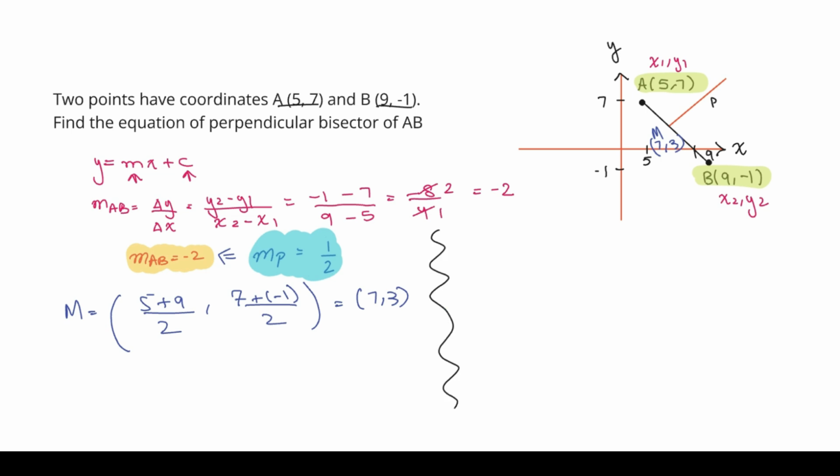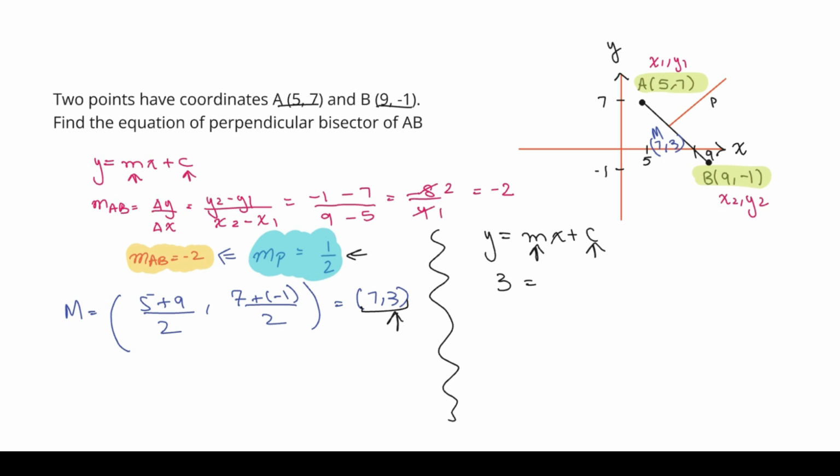Now finally, the equation of perpendicular line would become y equals mx plus c, where m is the gradient, which is 1/2, and c is the y-intercept. Now to find the y-intercept of the perpendicular line, we will use the coordinates 7, 3, since the perpendicular line would pass through 7, 3. So for y, we will use 3.